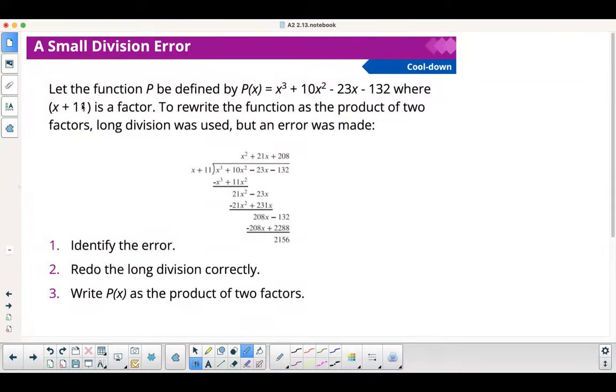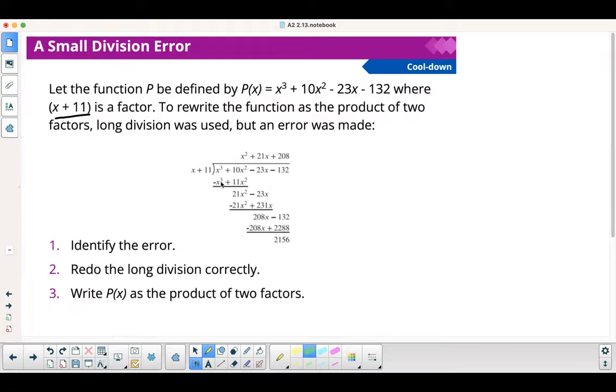Let's take a look at this cooldown. Let the function p be defined by x cubed plus 10x squared minus 23x minus 132, where x plus 11 is a factor. So if you look here, here's my x plus 11. That's my factor. This is where the original polynomial goes. Okay. So let's see, where is the error? So I'm going to kind of follow through here. X times x squared would give me x cubed.